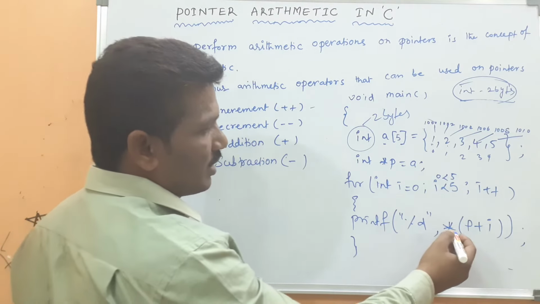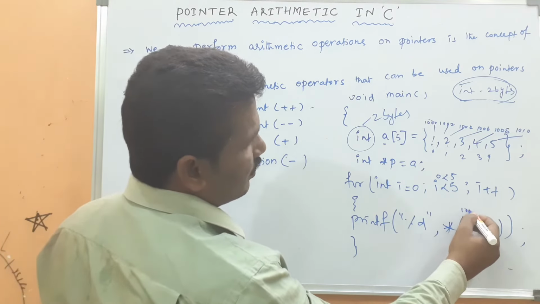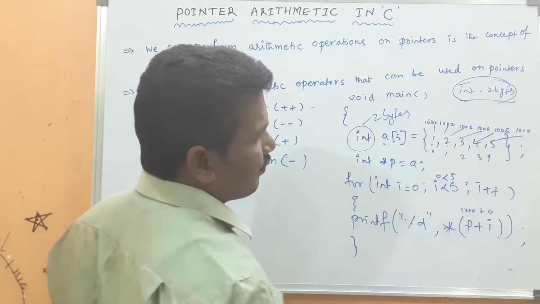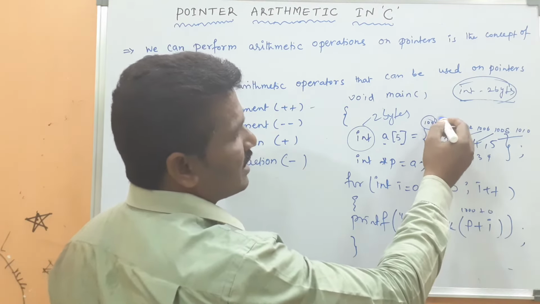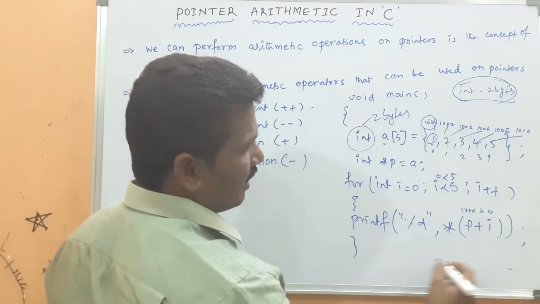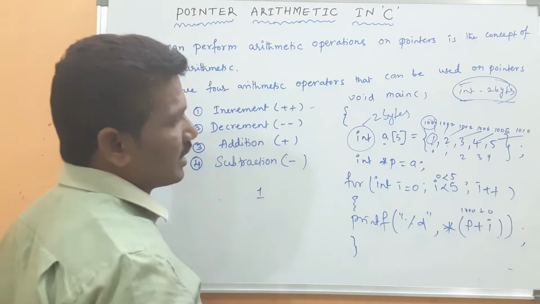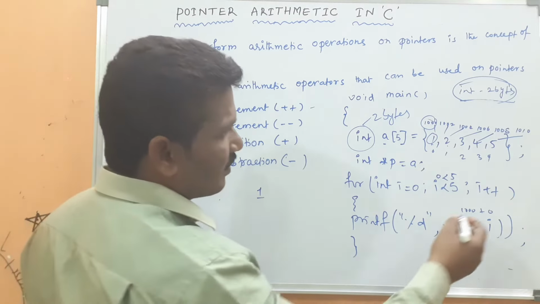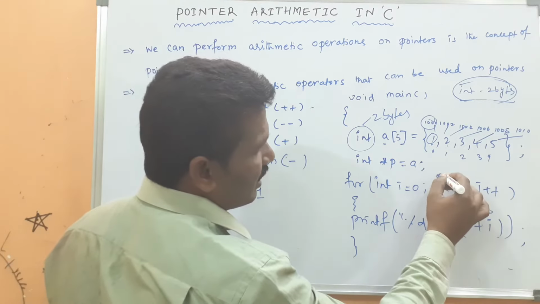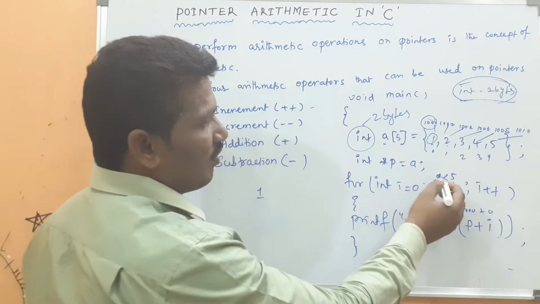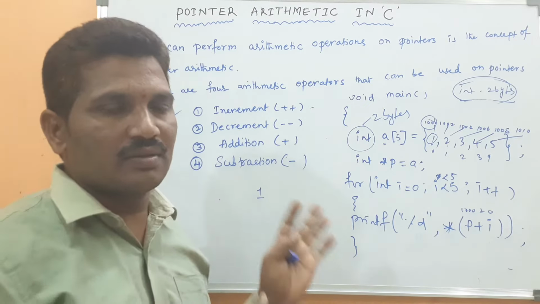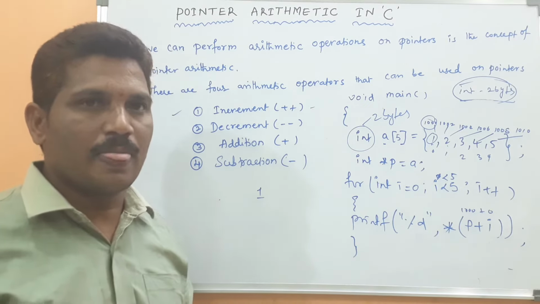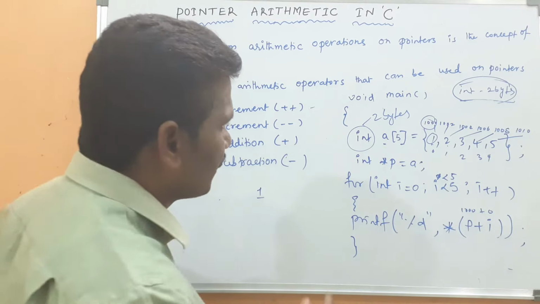Then p is 1000 plus 0, this address. What is the value in that address? 1, so 1 will be printed. After that i gets incremented by 1, i becomes 1, 1 less than 5. By using the increment operation we can traverse the entire array, that is also an advantage.